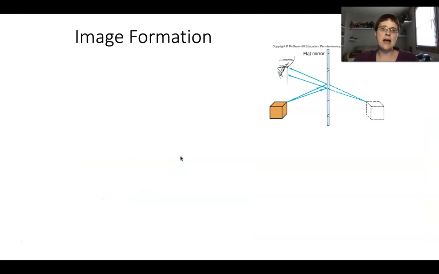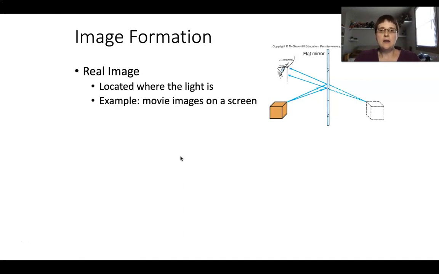So let's take a look at some image formation. What is a real image versus a virtual image? A real image is located where the light is. So what are we talking about? This would be like movie images on a screen, or for example, if you're watching this video on your laptop or your phone, the light is on your screen.